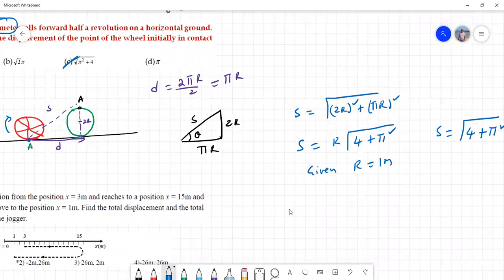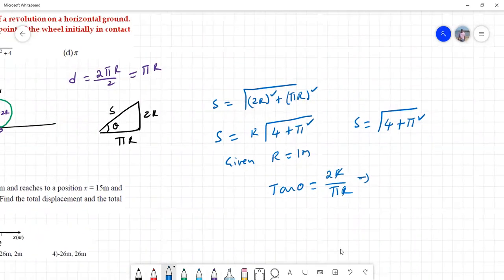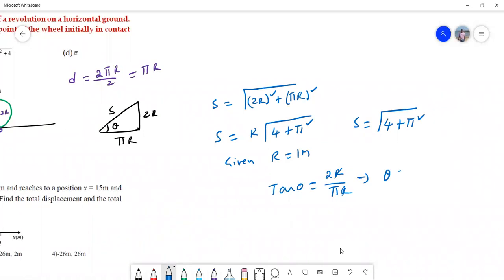Now suppose I want to find this tan theta, the angle made by the position. Tan theta is opposite by adjacent side, 2r by pi r. So r cancels, which implies theta is equal to tan inverse of 2 by pi.